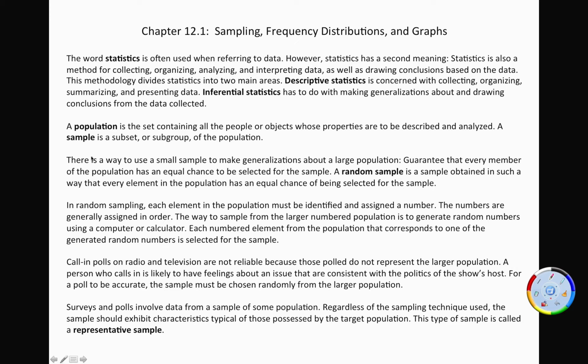Now, there is a way to use a small sample to make generalizations about a large population. Guarantee that every member of the population has an equal chance to be selected for the sample.